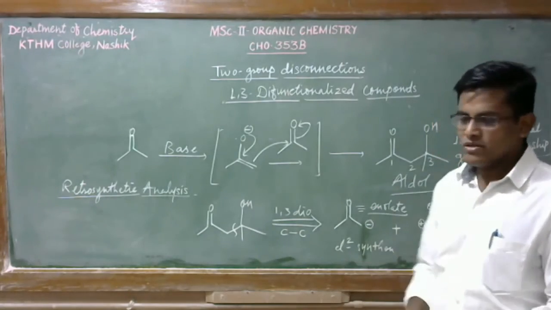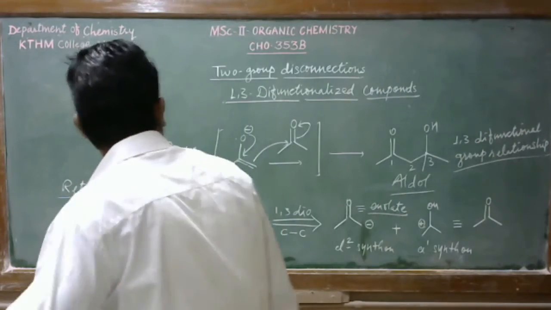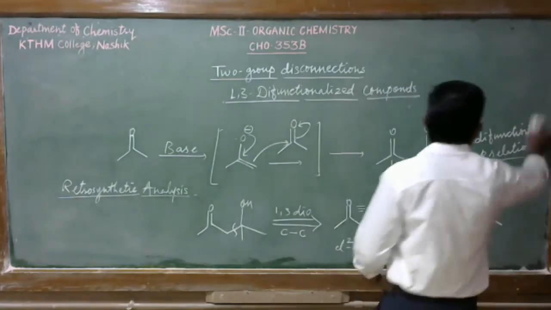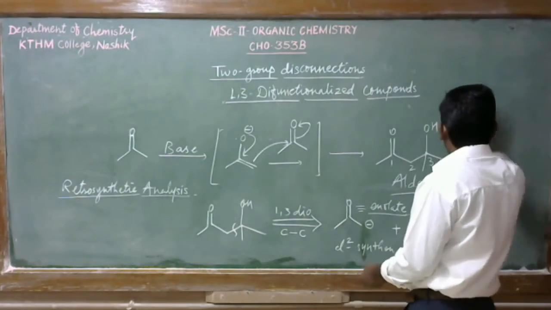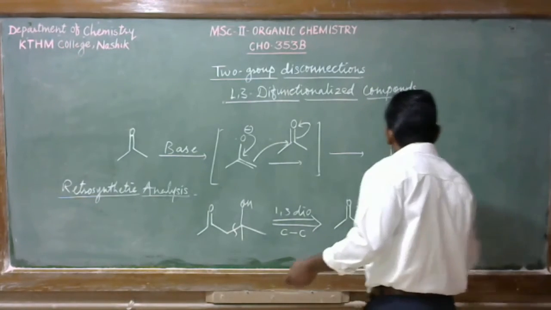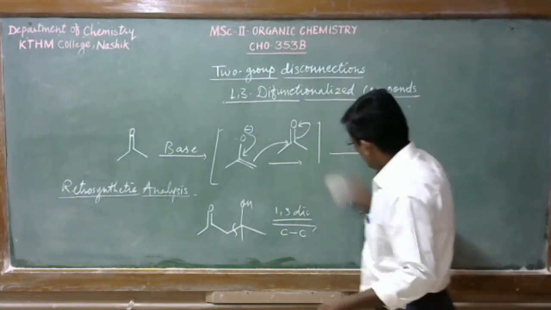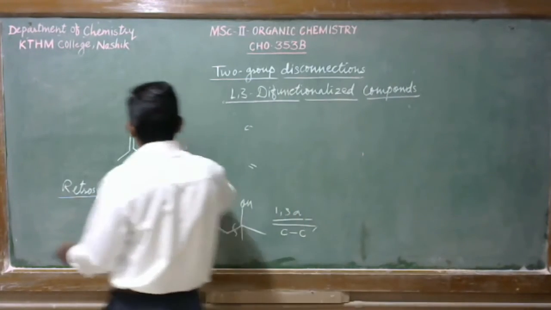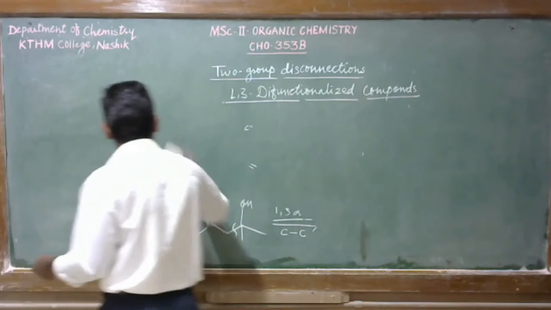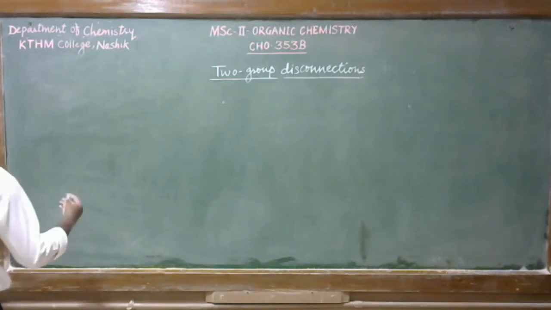Let us have an example which involves the 1,3 difunctional group disconnection.